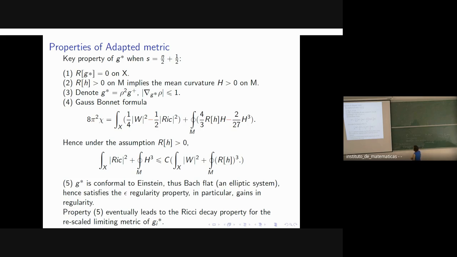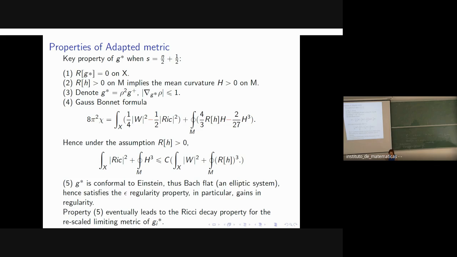The Bach metric is the critical metric of the Weyl L2 norm. And it turns out this condition is a conformally invariant condition, because the Weyl L2 norm is conformally invariant, so its critical metric is conformally invariant.